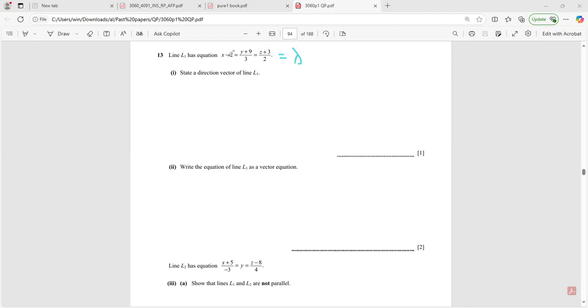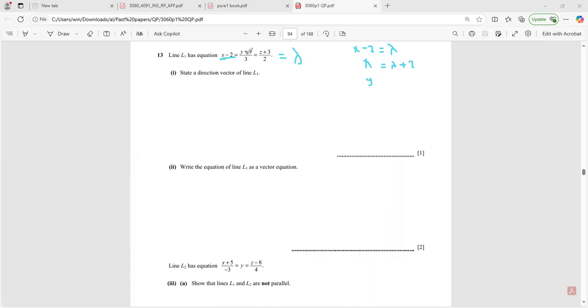If you want to say it here, actually we just solve it for this. So we say x minus 2 equals lambda, and we solve it in terms of lambda. So the x now equals lambda plus 2.